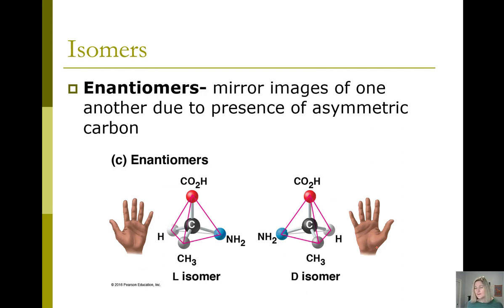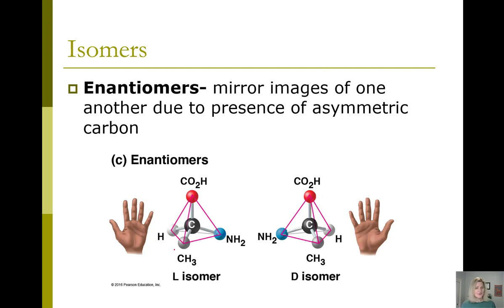And then finally, the last type of isomer we're going to talk about is an enantiomer. So enantiomers, they have a unique structure where they're mirror images of each other. So they tend to be asymmetrical. So you can see how we have these two molecules, the L isomer and the D isomer. And it looks like the same shape.